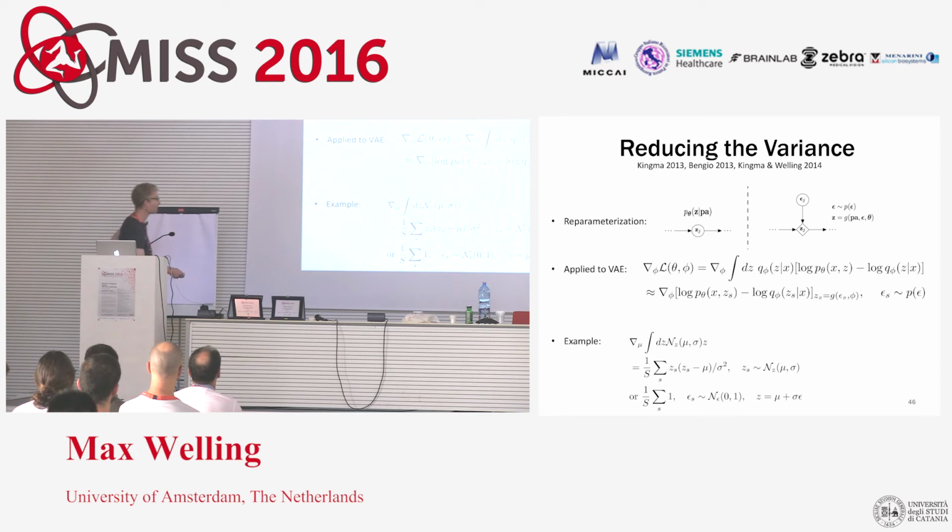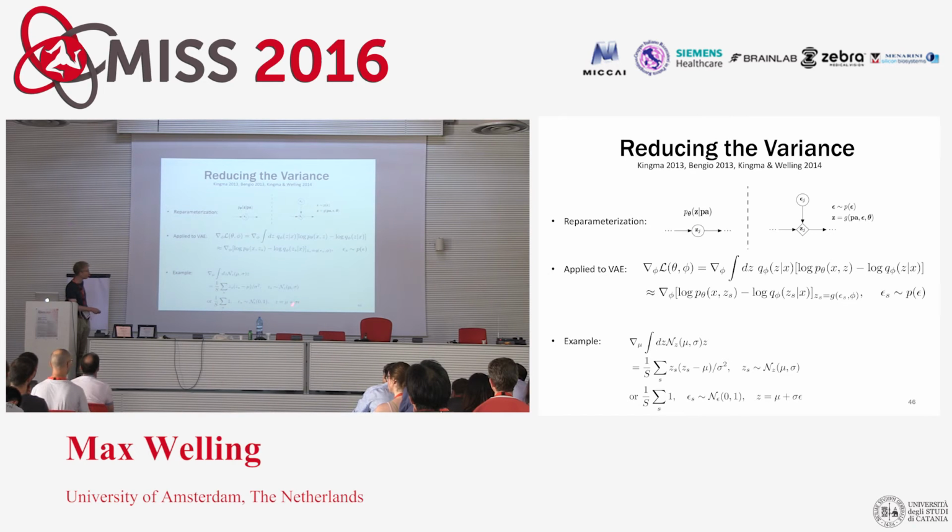If you do the reparameterization trick, where you reparameterize z as mu plus sigma times epsilon, where epsilon is now drawn from a standard normal distribution with mean 0 and standard deviation 1, then the answer is 1 over S, the sum over s of 1.